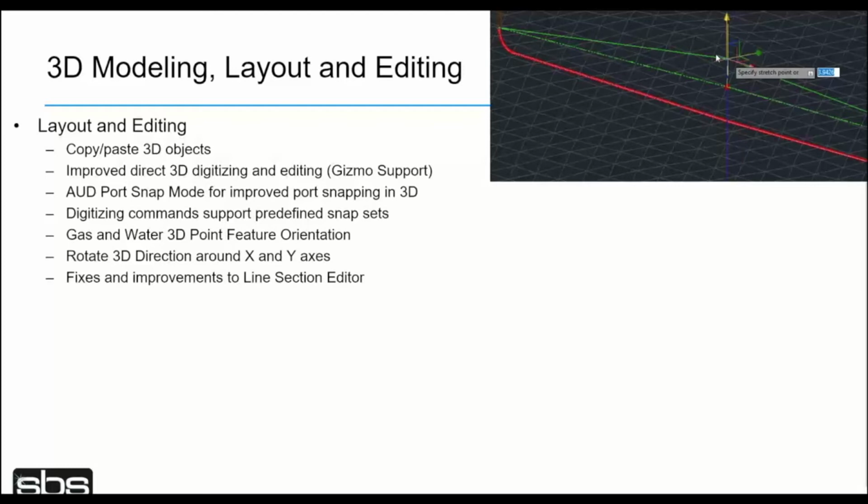So in this example on the side here, you can see I've got an underground line with a segment, and that vertex is being edited, and it's being edited using the AutoCAD gizmos. And the product generally disabled those gizmos to avoid conflicting with the other custom snaps in the product.